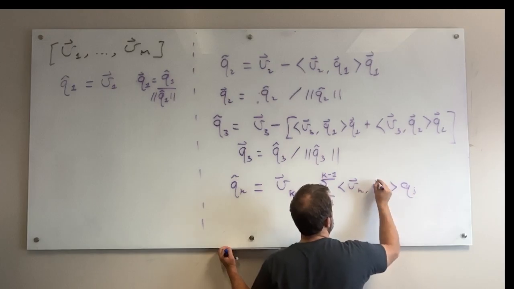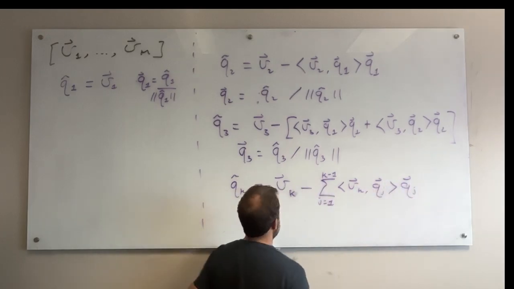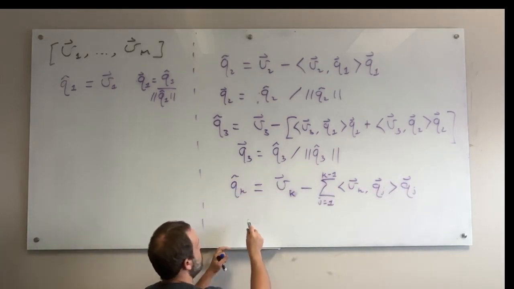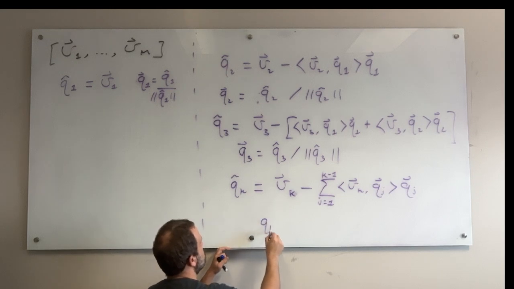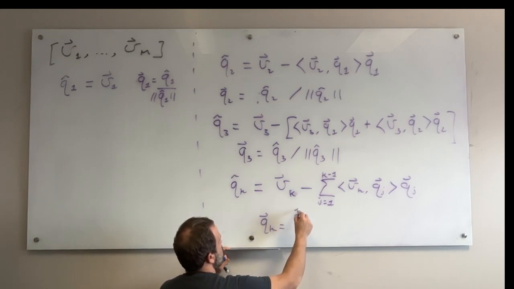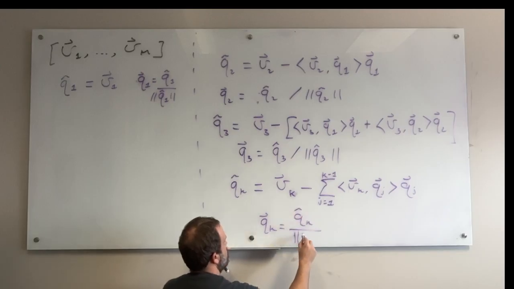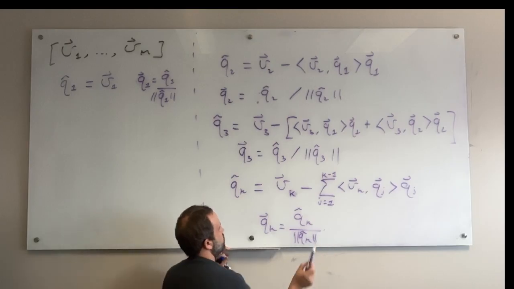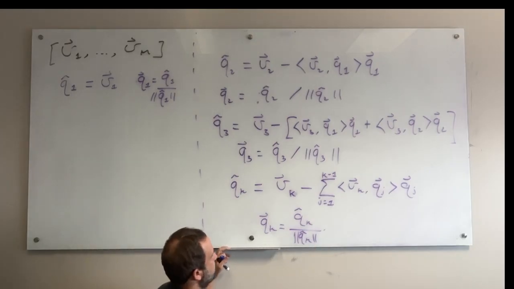Not qj hat, but qj. And then qk is going to be equal to qk hat divided by its magnitude.